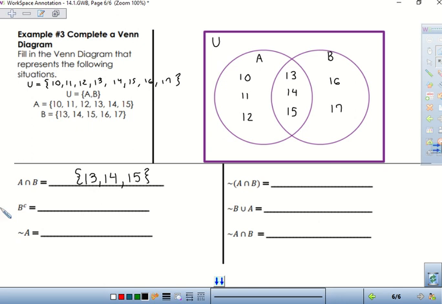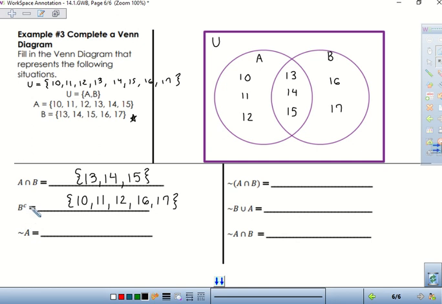So anytime you find the complement of something, it's everything in the universal set that's not in this set. So what's in the universal set that's not in B? All of A, except for 13, 14, and 15. So the complement of B is everything that's not in B.